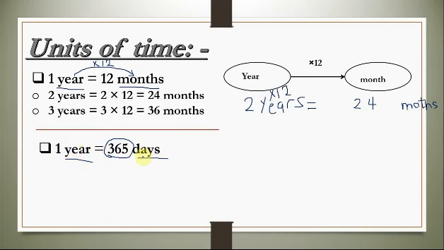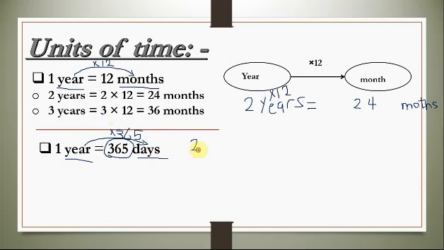From big to small, multiply by 365. When we have 2 years, so 2 times 365.